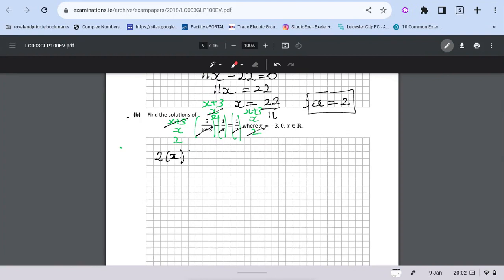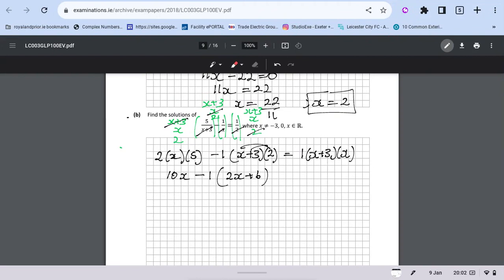Write down all what you have now. So 2 times x times 5 minus 1 times x plus 3 times 2. So 1 times x plus 3 times x. And begin to multiply it out. So 2 times x is 2x, times 5 is 10x. Minus 1 times 2x plus 6.